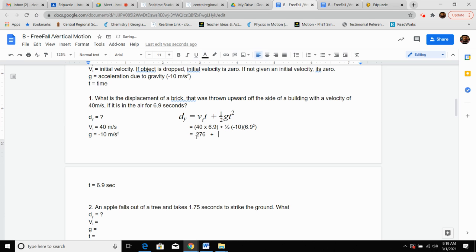Plus, now how I would do this in my calculator, I would do 6.9 squared. Then I would multiply that answer by negative 10, and then I would divide it by 2 for that 1/2. That gives me an answer of negative 238.05.